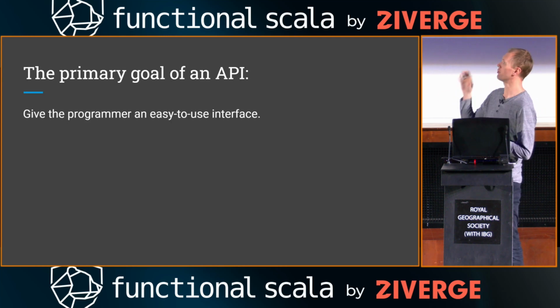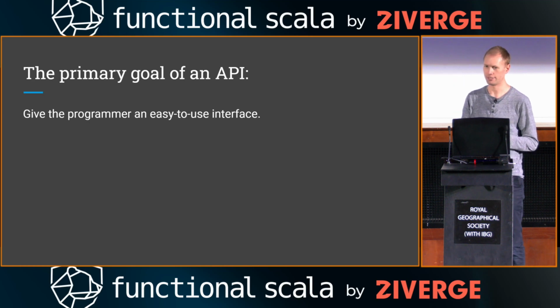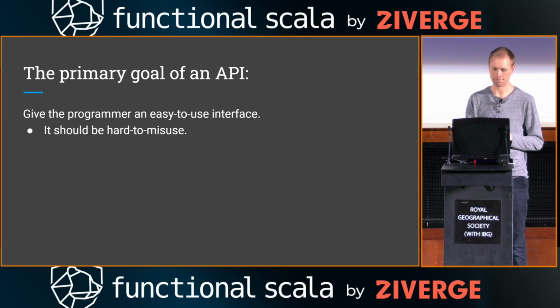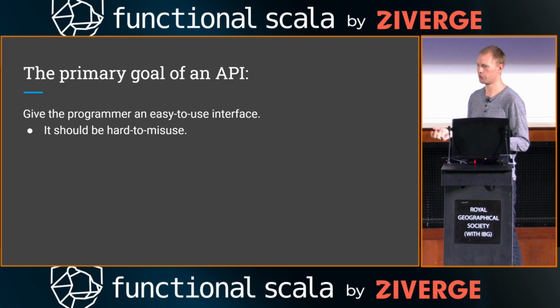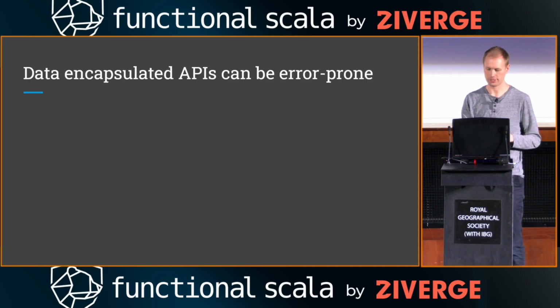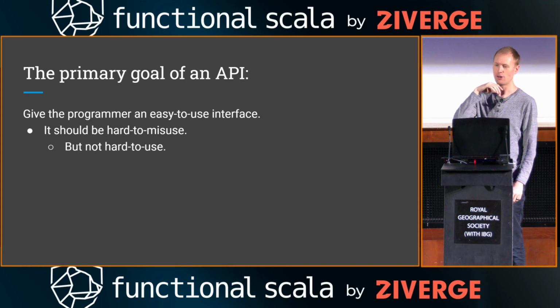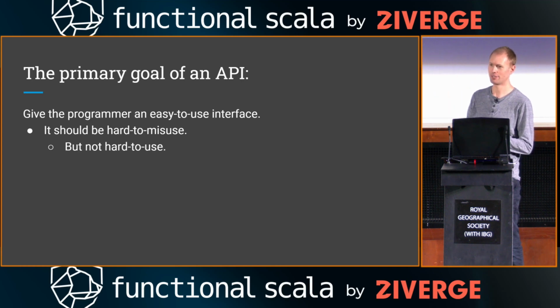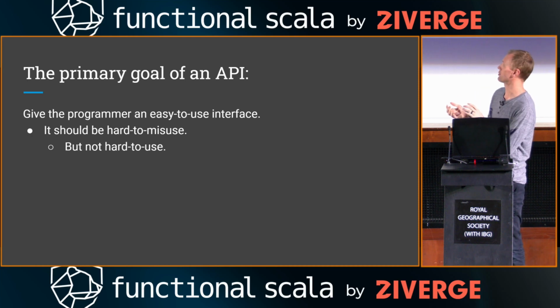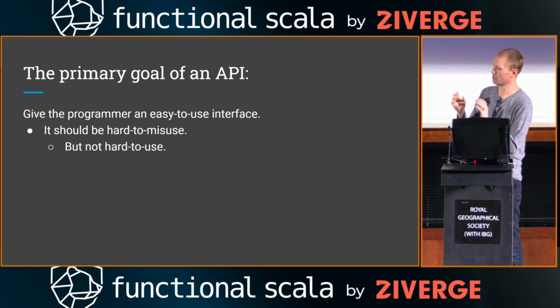I think the primary goal is to give the programmer an easy-to-use interface, right? It should be hard to misuse, but not hard to use. I think sometimes we take it too far, so it's so hard to misuse that it's also hard to use, and so no one uses it, right? So we want to make it easy to use and hard to misuse, but not too hard to use.